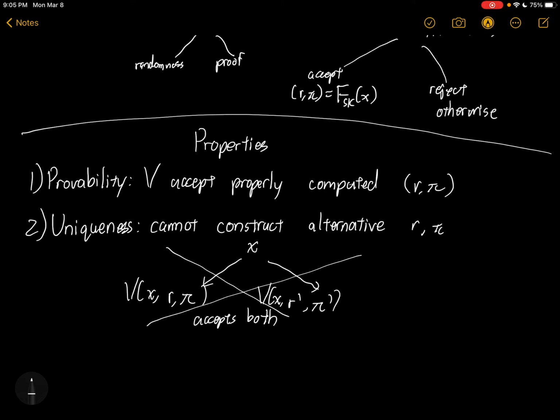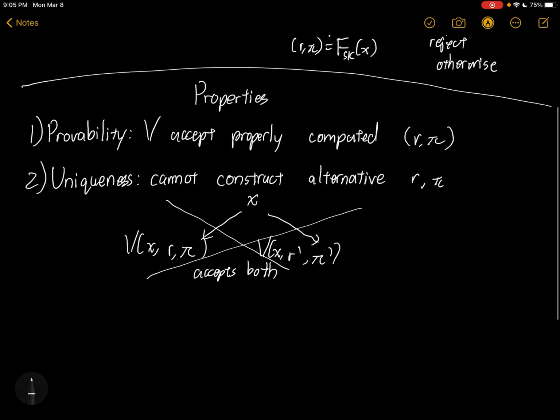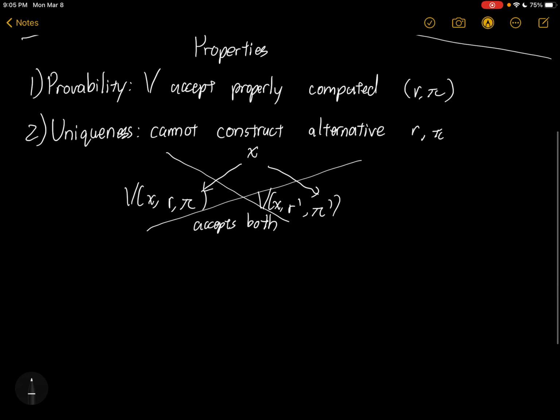If it was, then you will end up in situations where we start by using one value of randomness, and then later on someone tries to use a different one, claiming that it's the correct one to use. So this is essentially the security property that we want to have. And third, we have pseudo-randomness.